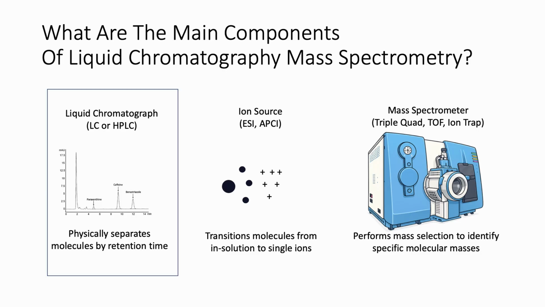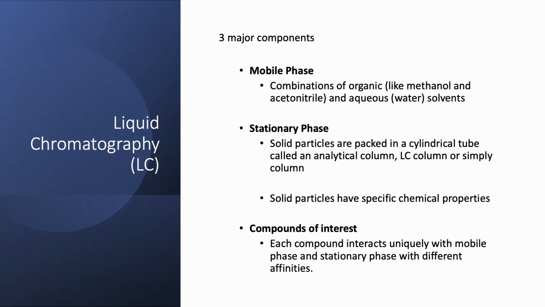And we'll break down each one of these components. The first one we'll talk about is LC or HPLC. When we're talking specifically about LC or HPLC, there are three major components. You have a mobile phase, which is a combination of organics or water with different additives in them. And then you have a stationary phase, which is the physical solid particles that are contained within usually a cylindrical tube that we would call an analytical column.